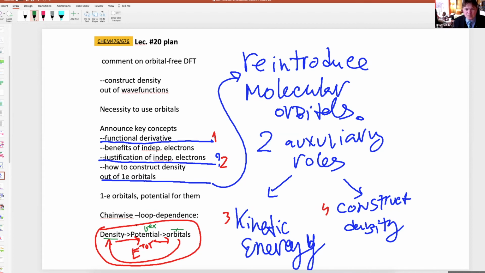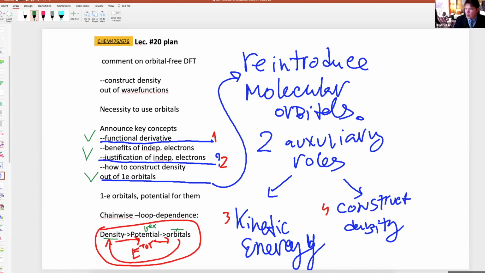But in order to practice it, we need to consider several concepts. We need the concept of functional derivative. We need to introduce an auxiliary universe where electrons do not interact with each other, and we need to pave a way from our real universe to this auxiliary universe and return back. And then we need to discuss a practical way to construct density out of orbitals.